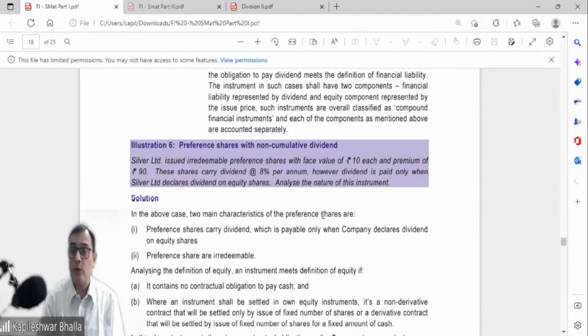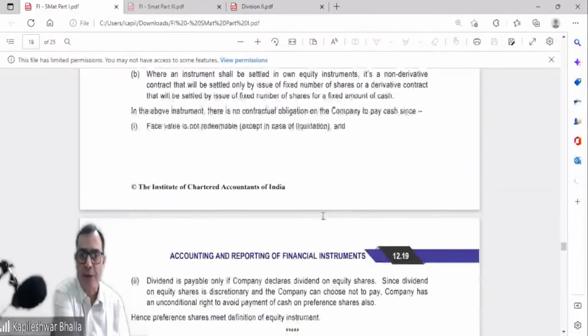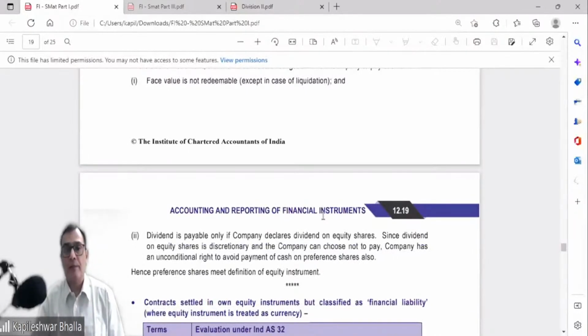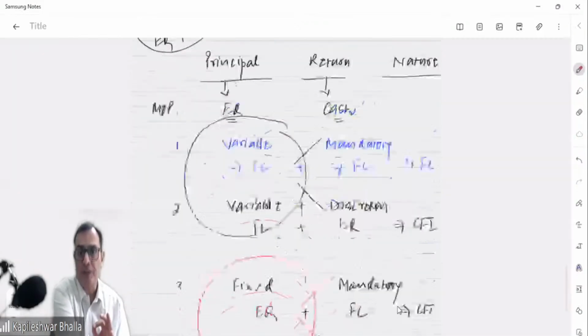And when it is equity in nature, then we can say that this instrument definitely becomes an equity instrument. So I'm not reading the entire answer, but you can see at the end, it is very clearly given that the preference share meets the definition of an equity instrument. So I'd just like to map you to my 3-step model.